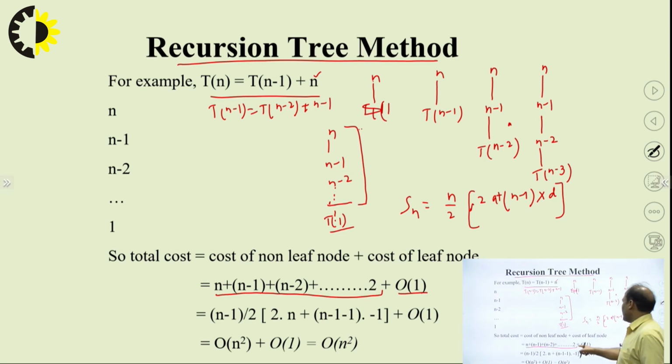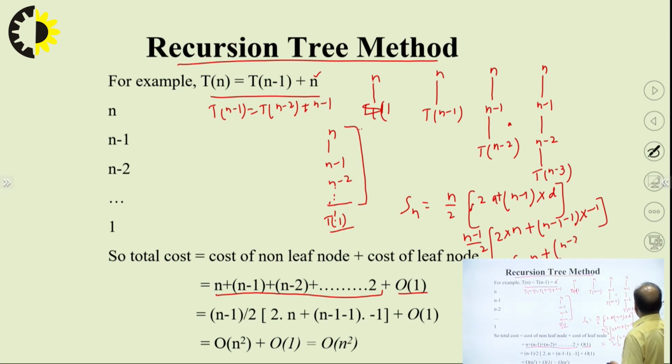Because from 2 to n there are n minus 1 terms, it will be (n minus 1) by 2 times (2 into the first term, n, plus (n minus 2) into minus 1).